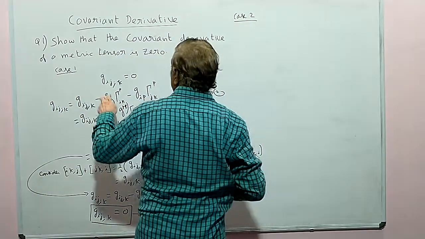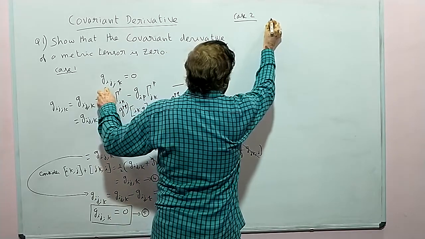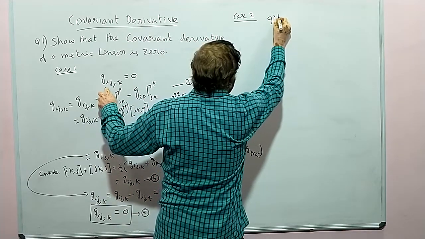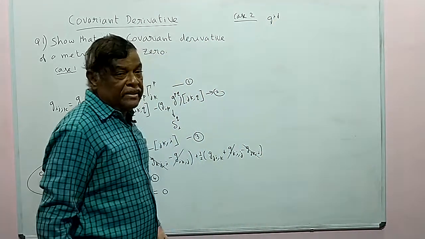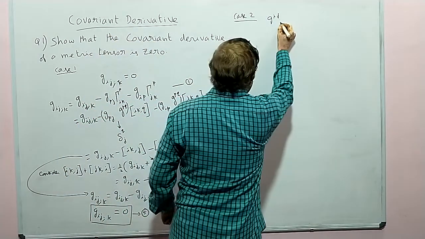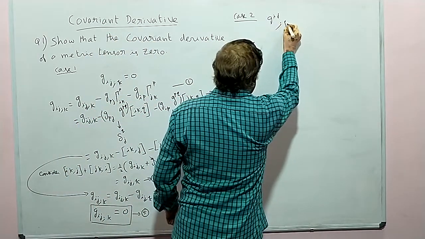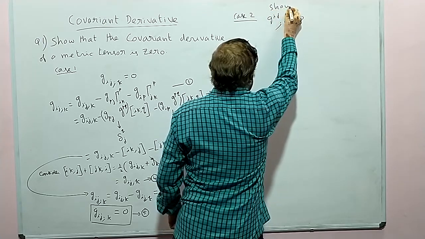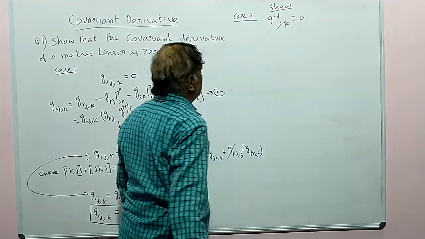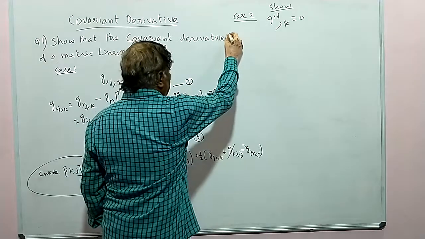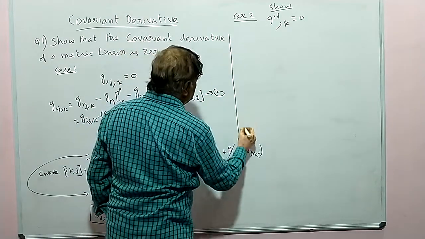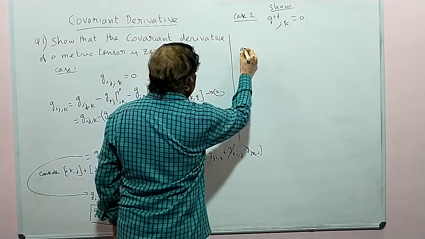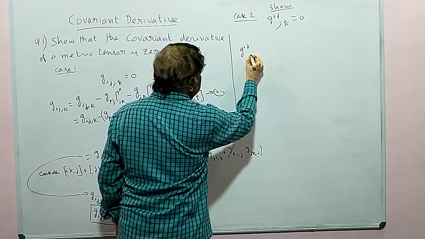Case 2: you take g^{ij}, the contravariant metric tensor, and let us find the derivative. So you have to show this expression. For this, let us use the definition of g^{ij}, the contravariant metric tensor.